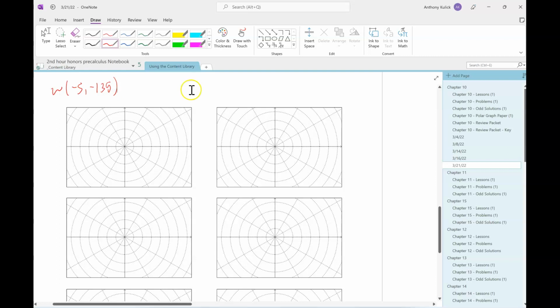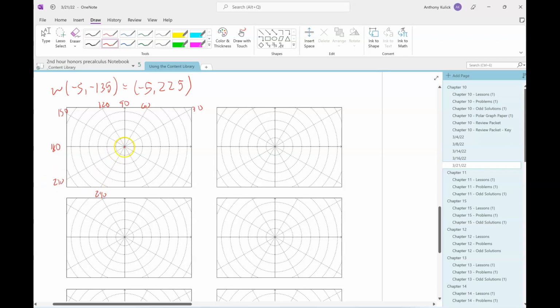So I would start by turning -135 into positive 225, just by adding 360. Those are coterminal angles. All right, so 30, 60, 90, 120, 150, 180, 210, 240.